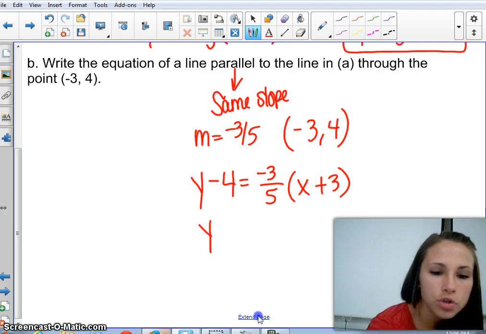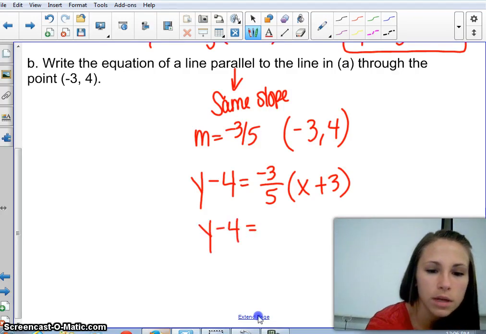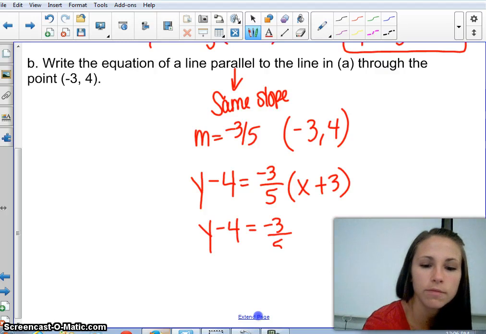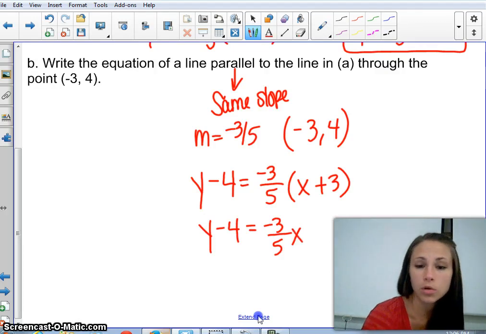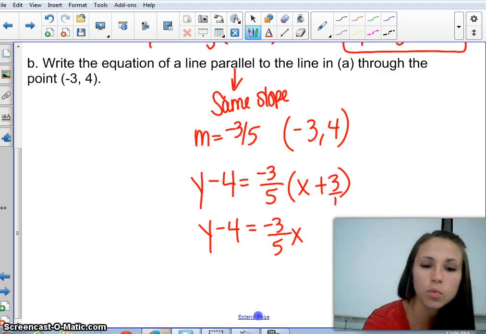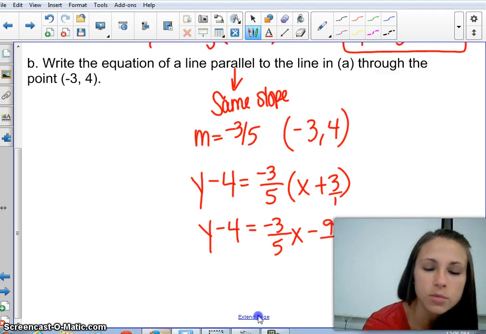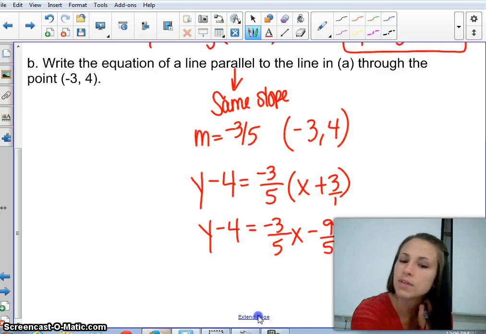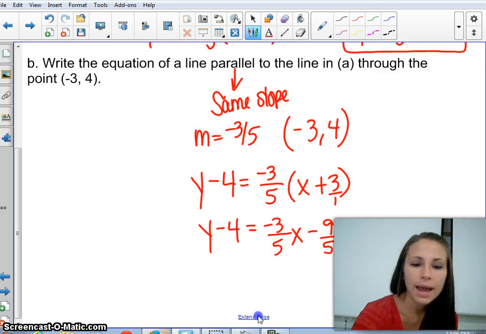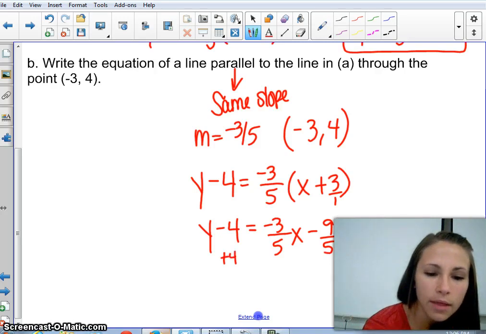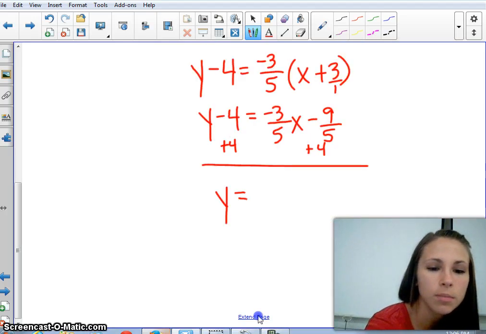Alright, so then when I distribute the -3/5, this is going to be -3/5 x, and then this is going to end up being, if you plug it in the calculator, or if you just make this a 3 over 1 and say -3 times a 3 is a -9, 5 times 1 is a 5, I would get -9/5. Now, when I add the 4 over, so I'm going to add the 4 to both sides right here, my equation or my line is going to end up being y equals -3/5 x.